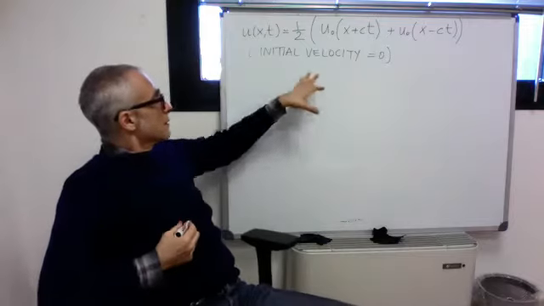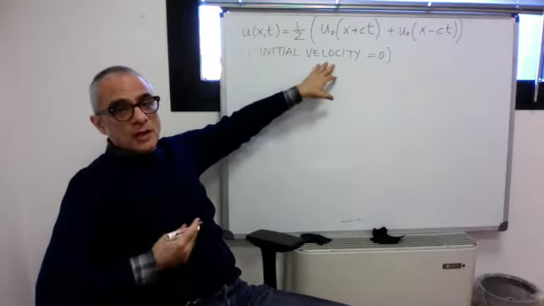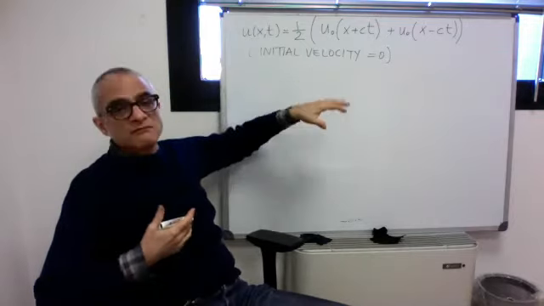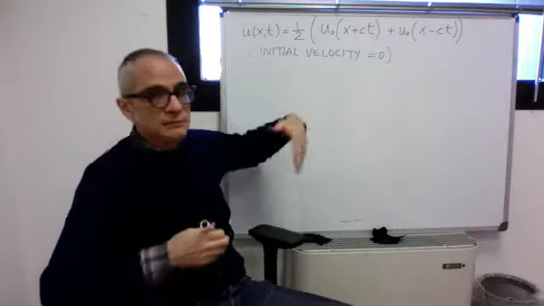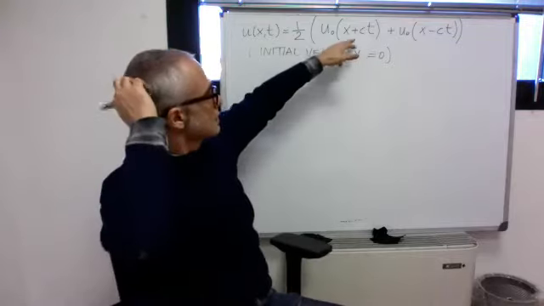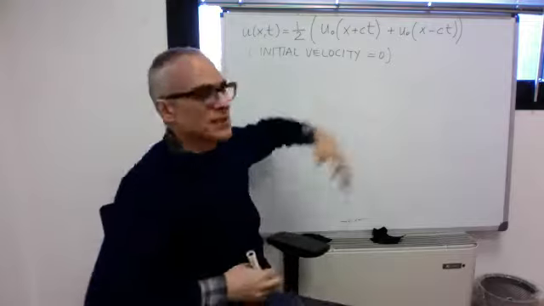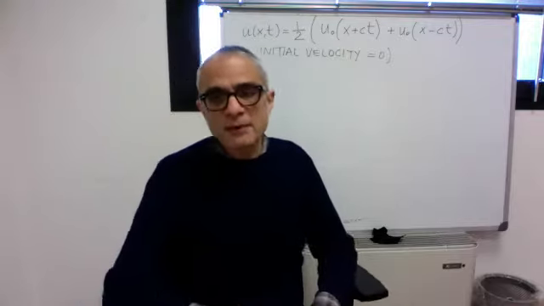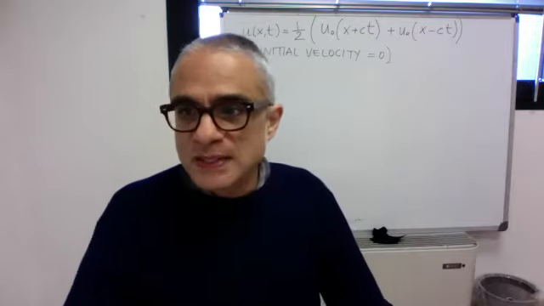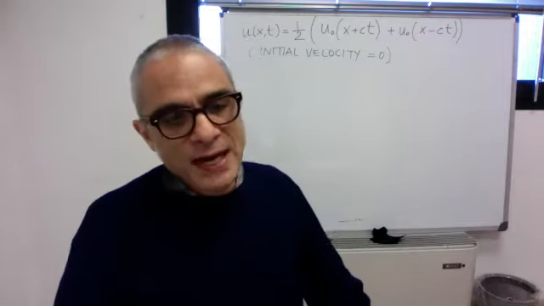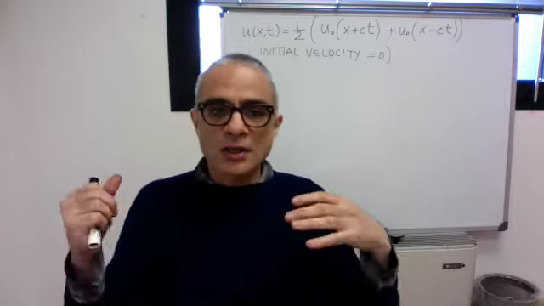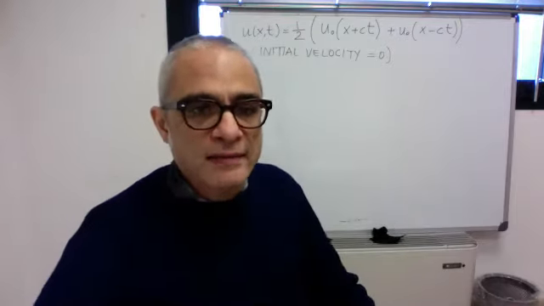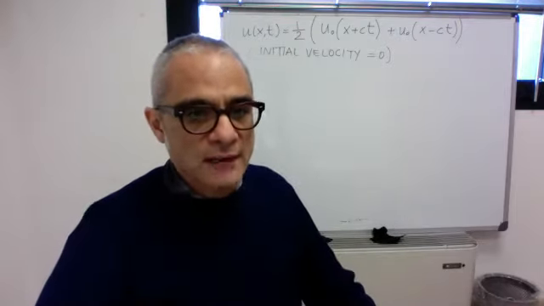So the matter oscillates with a velocity that initially is 0, but that will change, of course. And the wave propagates with another velocity that I called c. And if you remember our previous lectures, it's related very simply to the ratio of the tension and the density of the string.